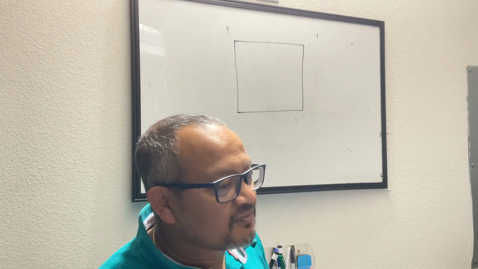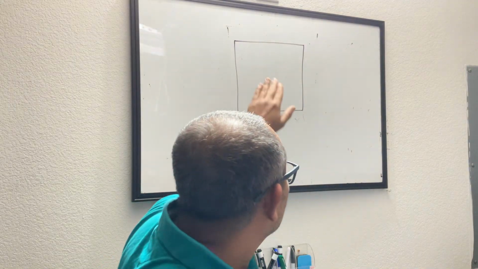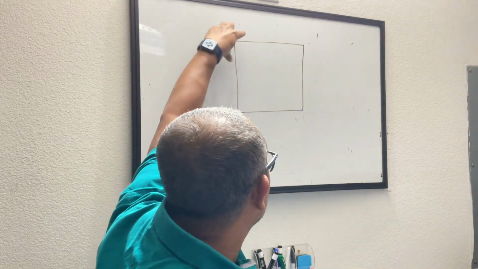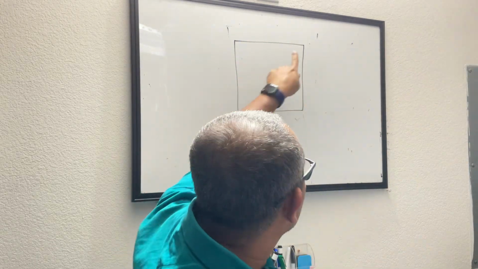There's one important thing that we are missing here that I was talking about for the last 10 minutes. A square is also a parallelogram, and it has 90 degrees in each angle. That is the definition of the square: every side is the same length and every angle is 90 degree.